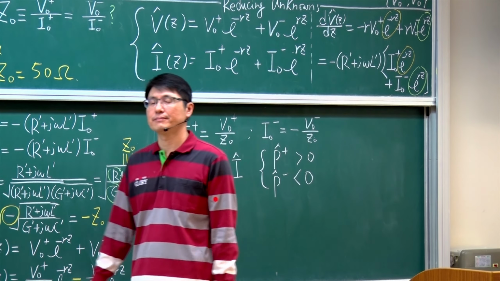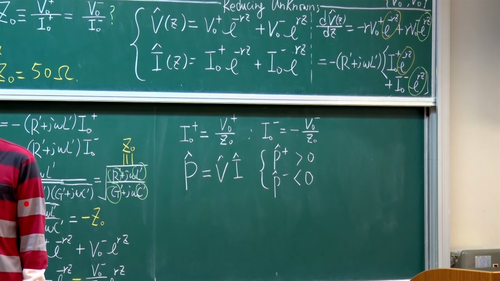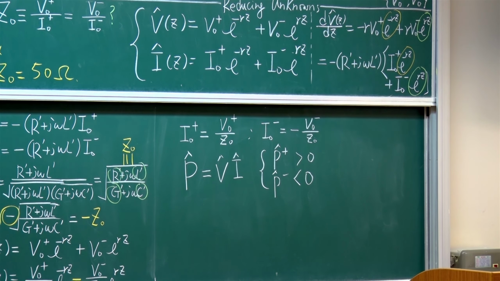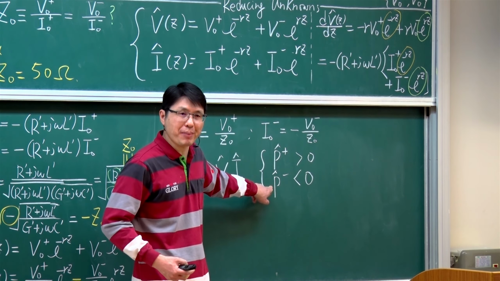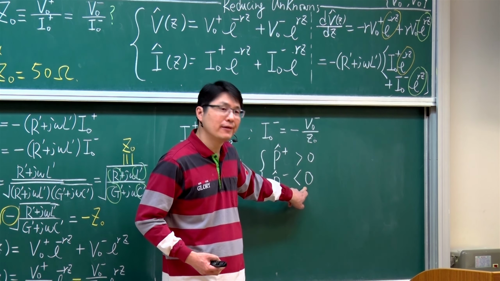Right? So under this definition, the negative propagating current amplitude is 180 degrees out of phase with the voltage amplitude. And therefore, its associated power is negative.